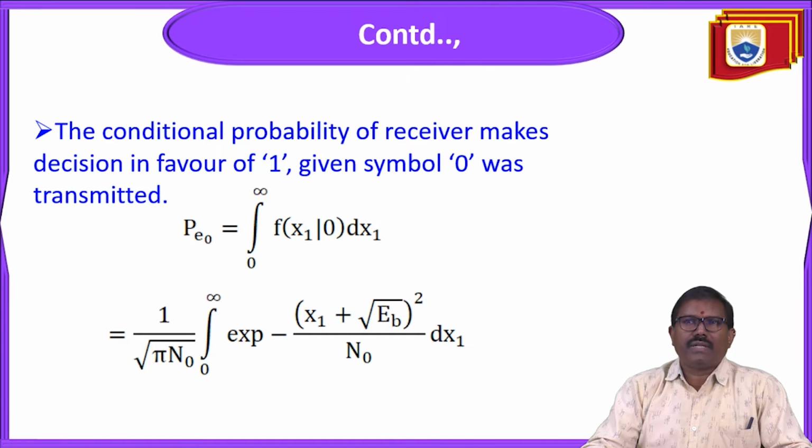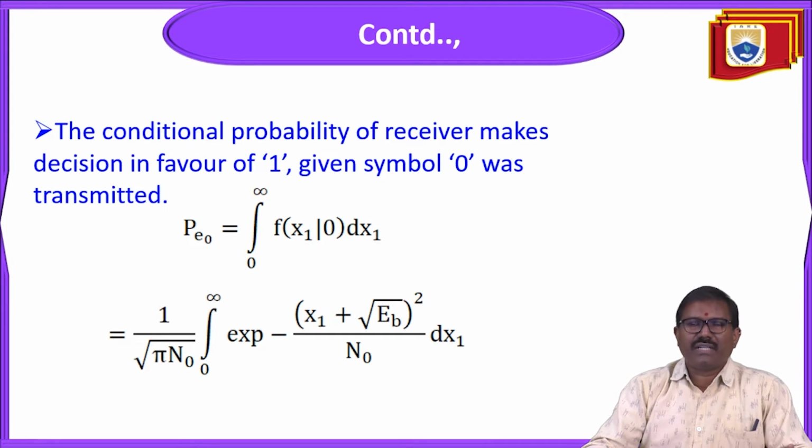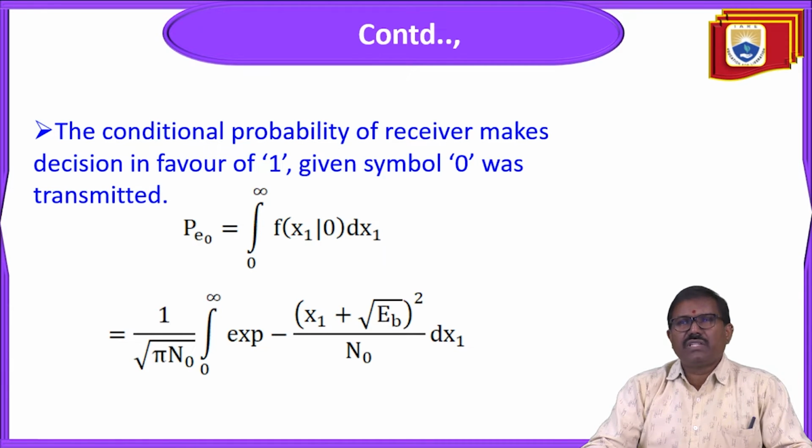That is the probability of error P0, where symbol 0 is transmitted. So P0 is equal to the integral from 0 to infinity of f of x1 conditional on 0 dx1. Here we are simply integrating that maximum likelihood function.